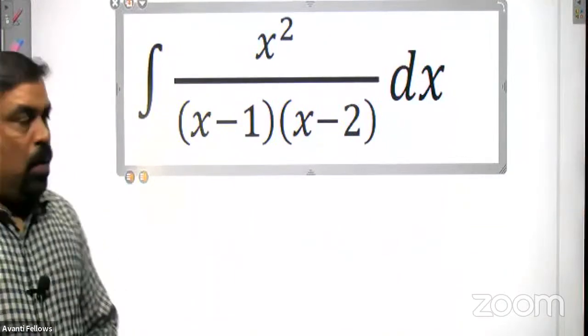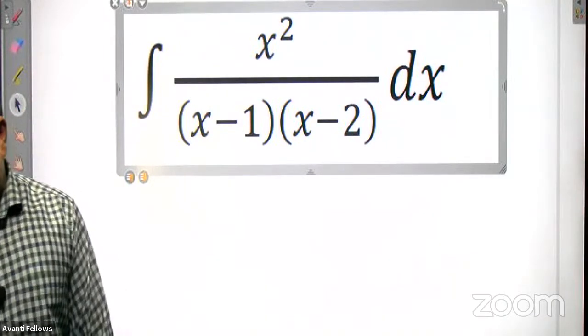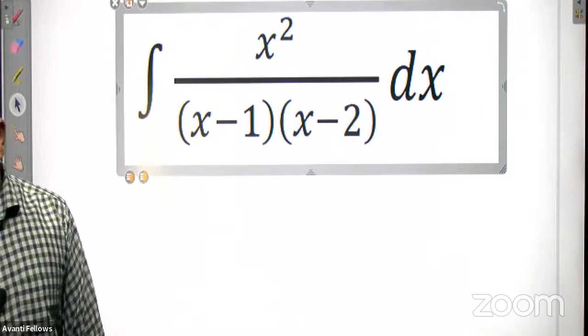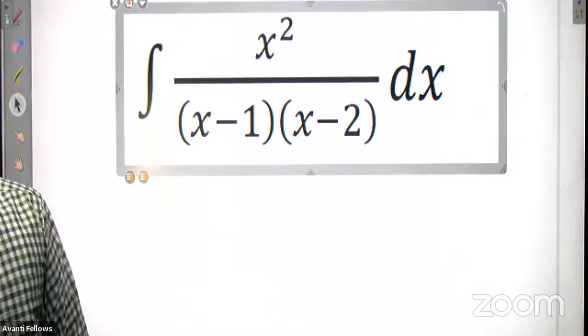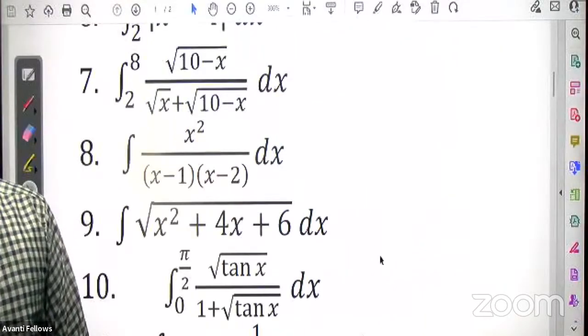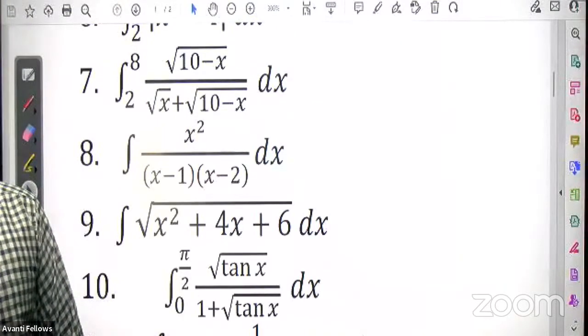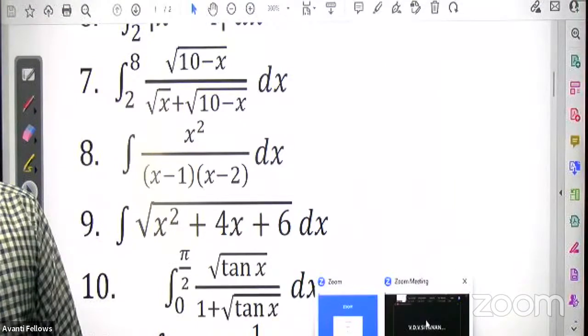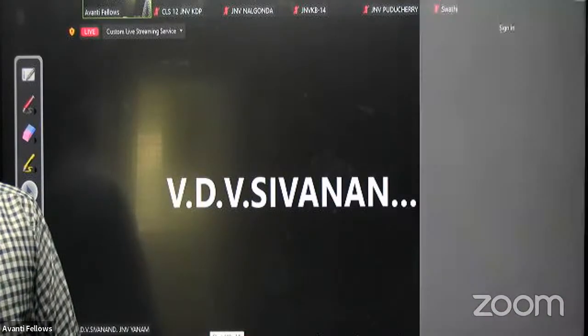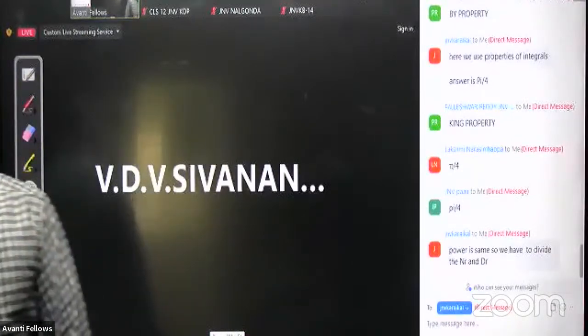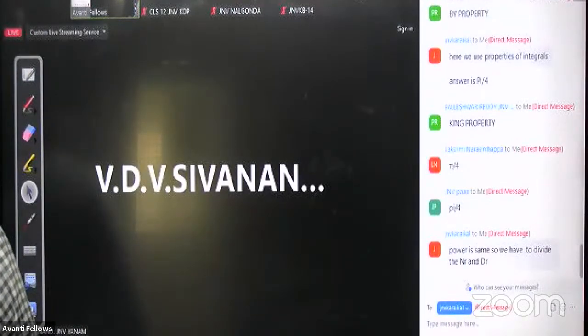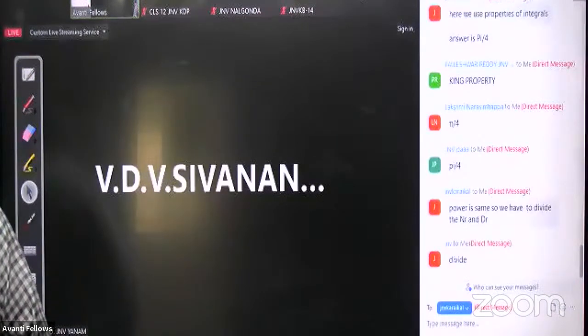So what is the method we have to apply? Power is the same, so we have to divide the numerator and denominator. Good. Divide.